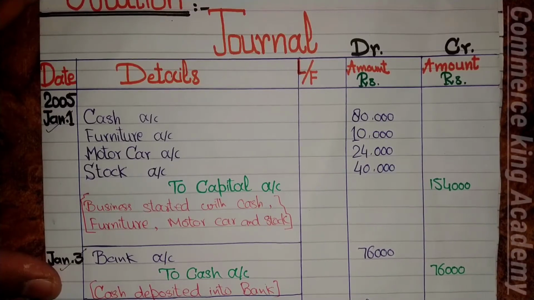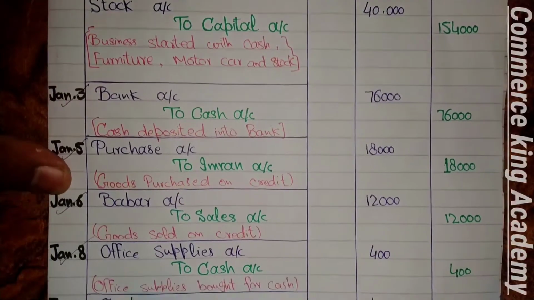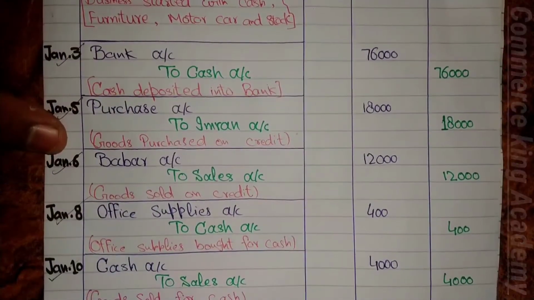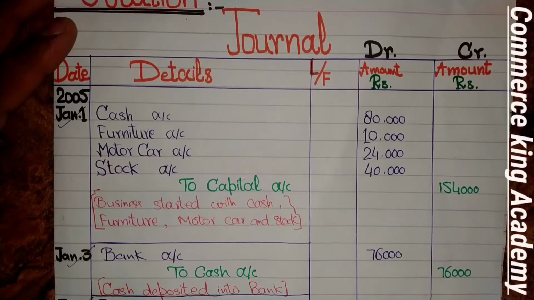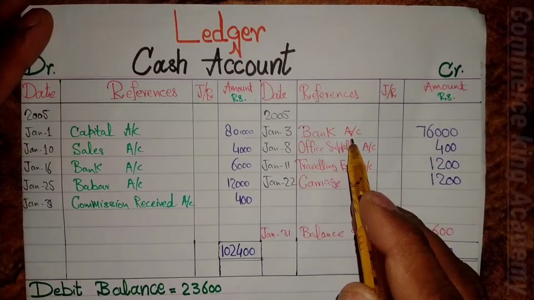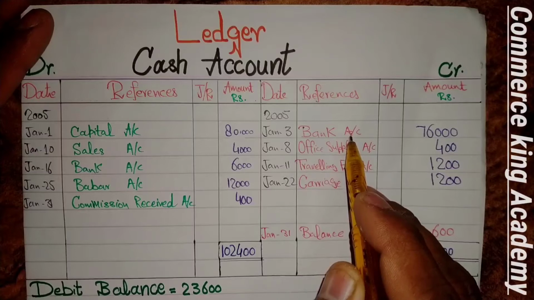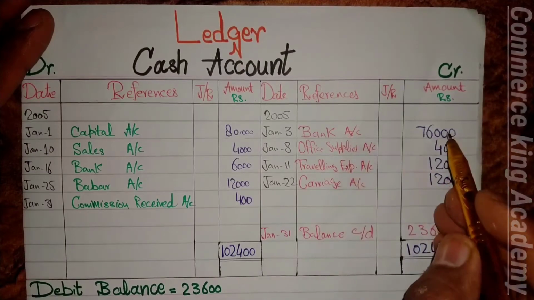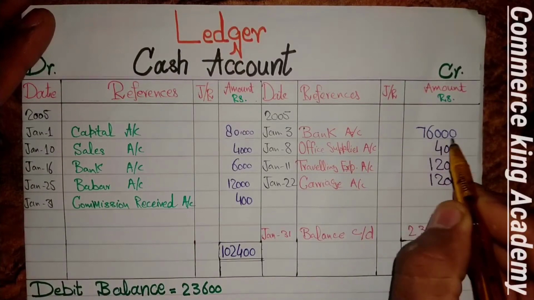Same, we will find all the next cash accounts and ultimately enter all cash accounts into the ledger of cash account. You can see here cash account credit by bank account. We will enter the opposite name of cash account, which is bank account, am I right? And enter the amount of cash account, which is 76,000 rupees.